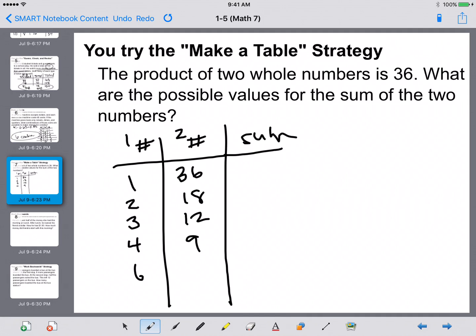Oh, 6 times 6. So since our numbers are the same there, we know that we found every number possible for 2 whole numbers. We started off at the smallest whole number that's possible and went up until we reached each other. So our possible sums would be 37, 20, 15, 13, and 12.